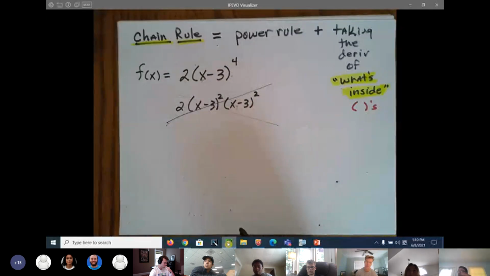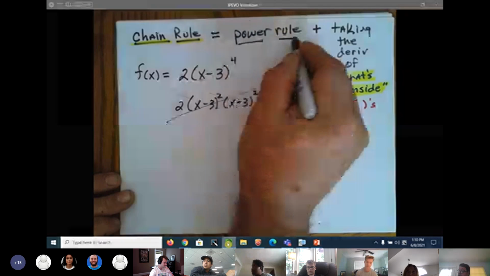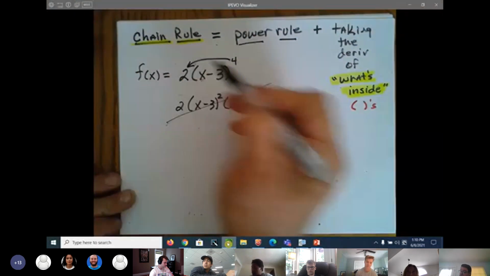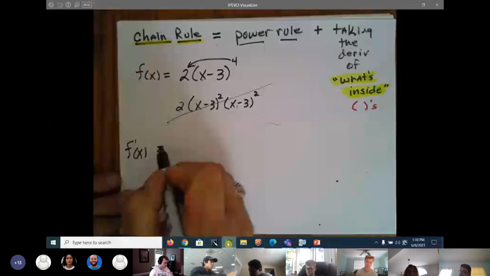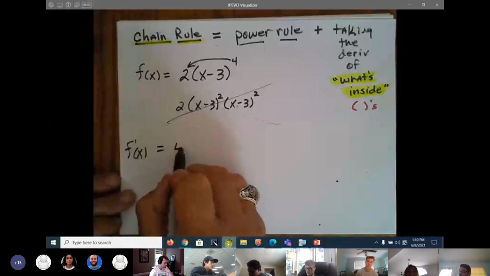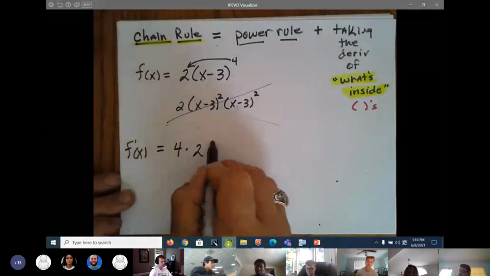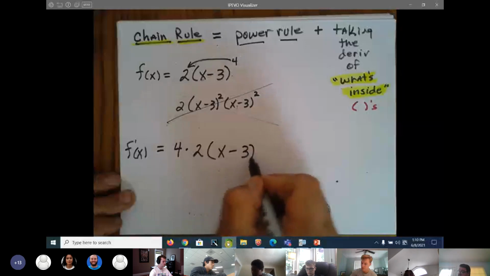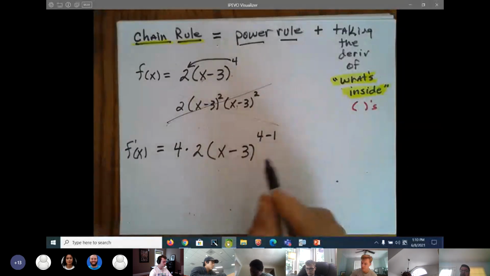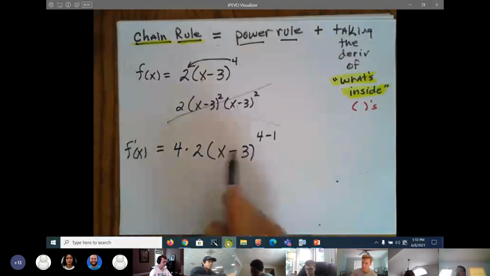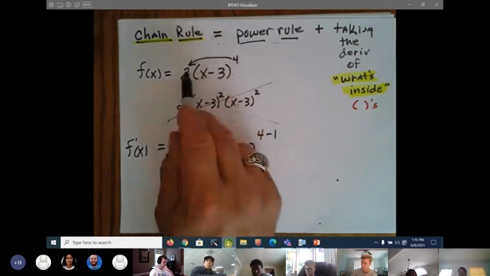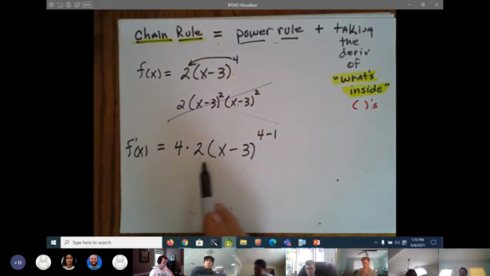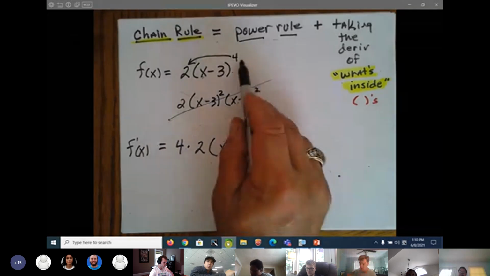Now here's what the chain rule says. Power rule: bring this out front. So we've got f prime of x is equal to 4 times 2 times (x minus 3) to the 4 minus 1. Does everybody see the power rule here? You bring the 4 out front, x minus 3, and then minus 1.